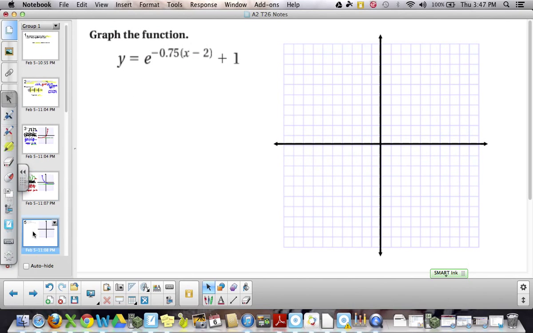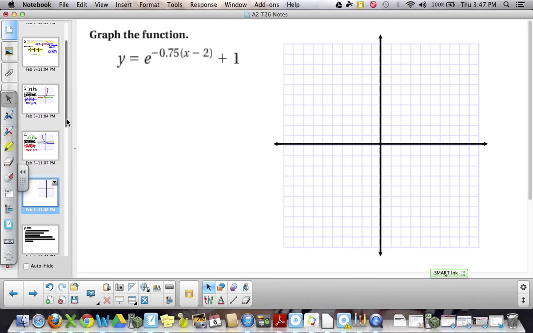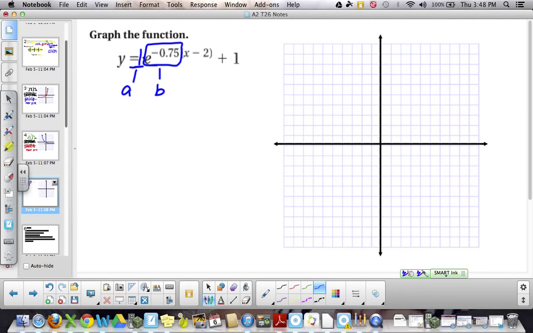And one more example. This time we're going to have a natural base. So in this case, it's 1 times this. So your A is 1. Your B is this, e to the -0.75.